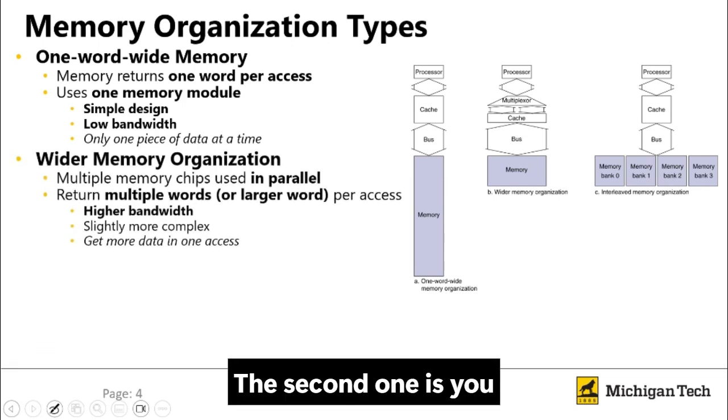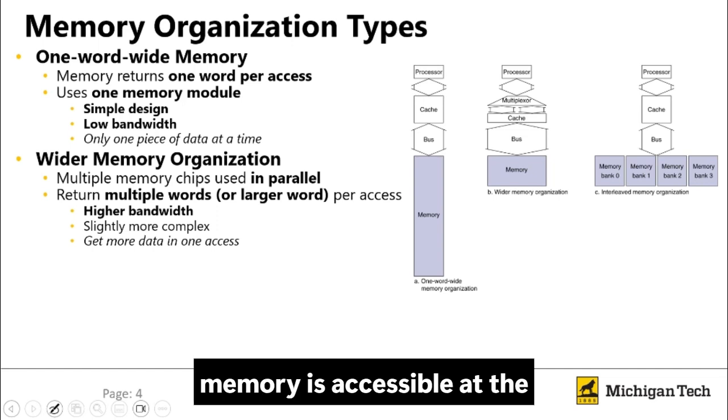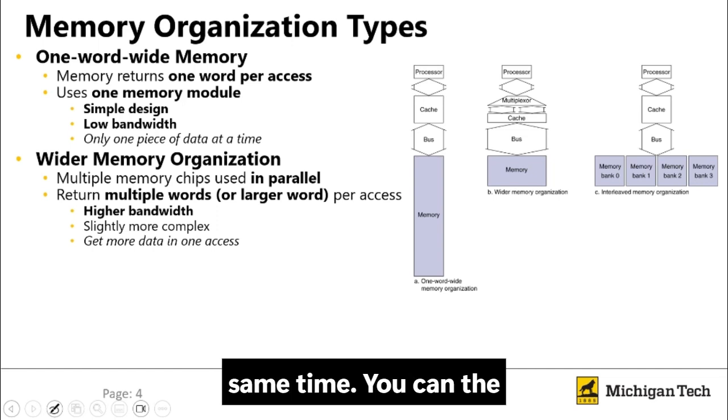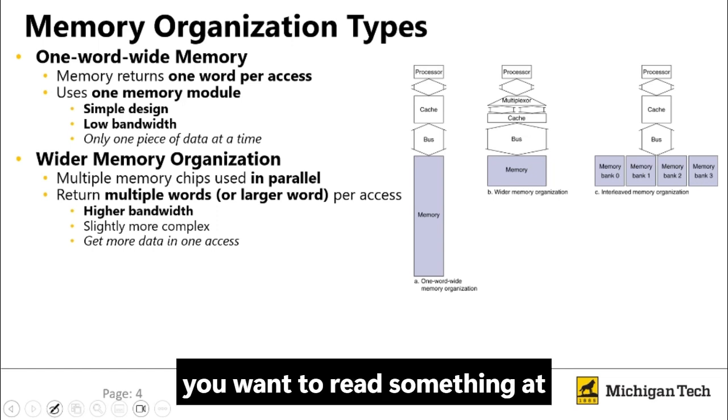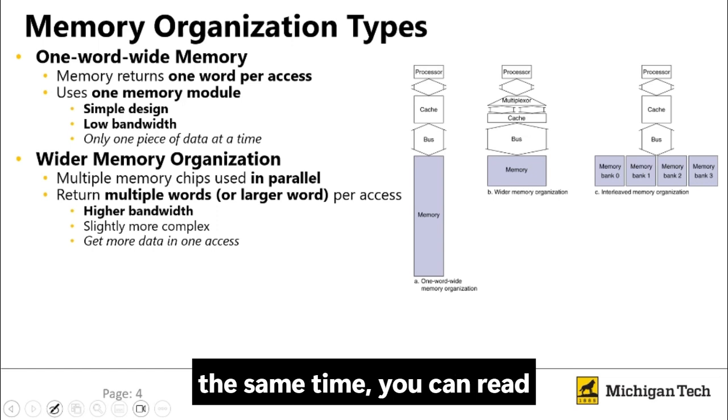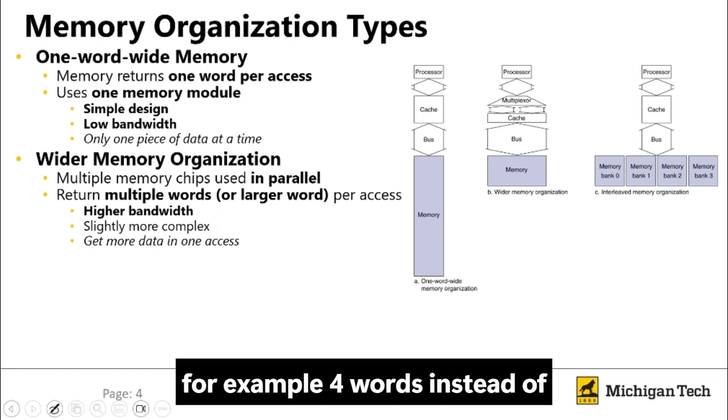The second one uses multiple chips in the memory that are accessible at the same time. The multiple memory chips are used in parallel. So when you want to read something, you can read, for example, 4 words at the same time instead of 1 word.